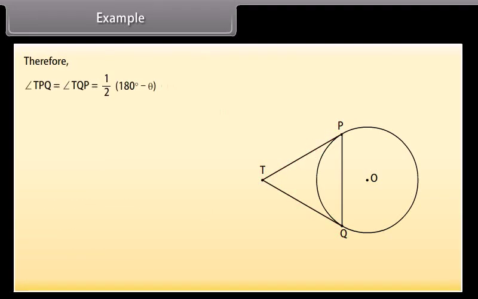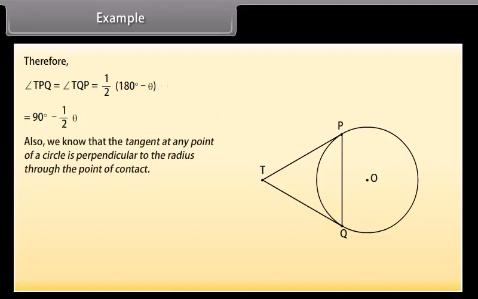Therefore, angle TPQ is equal to angle TQP, which equals 1 upon 2 into (180 degree minus theta), which is equal to 90 degree minus 1 upon 2 theta. Also, we know that the tangent at any point of a circle is perpendicular to the radius through the point of contact. Therefore, angle OPT is equal to 90 degree.